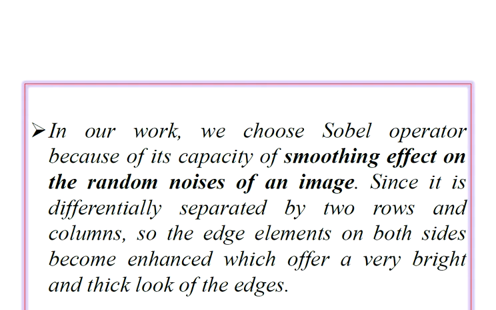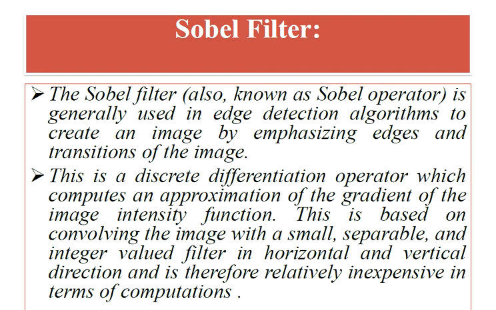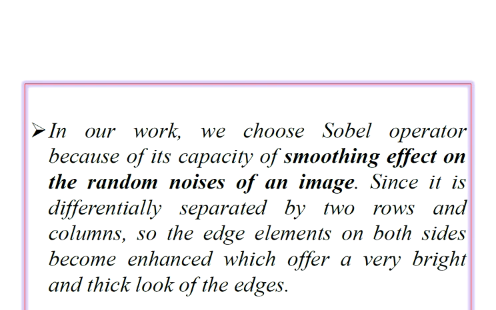Now in our lecture, we have chosen the Sobel operator particularly to explain the edge detection algorithm. Why? What is the reason behind using Sobel filter? What are the specific characteristics of Sobel filter that draw our attention to use it? Because the Sobel operator has the capacity of a smoothing effect on the random noise of an image.